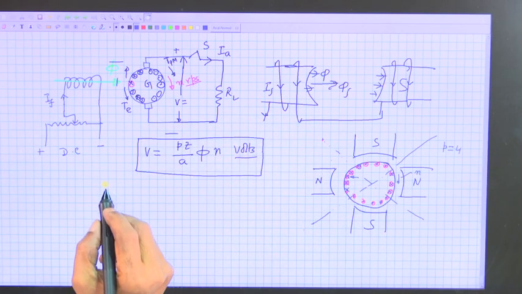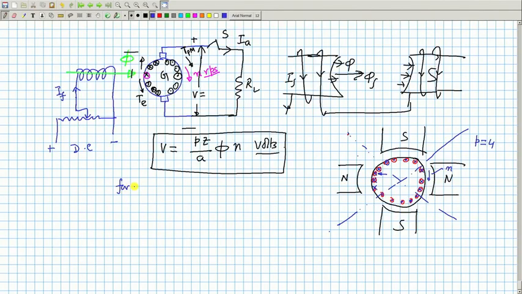So, the force experienced by a single conductor will be equal to B at this point into the current through this conductor, not this total current, that is very important.